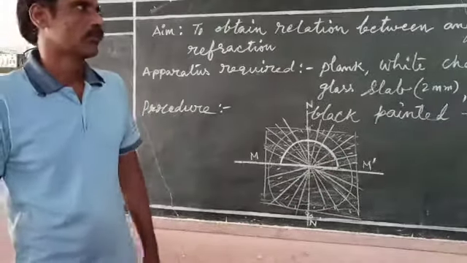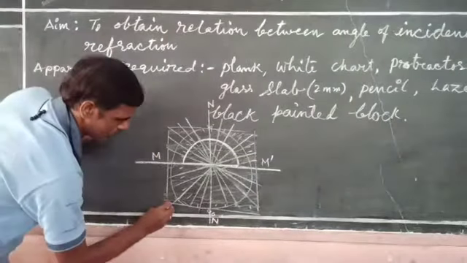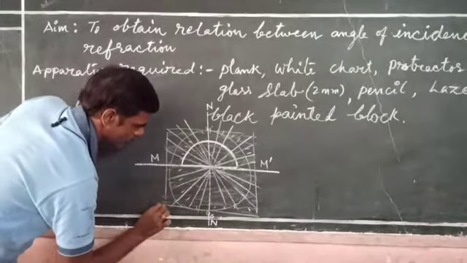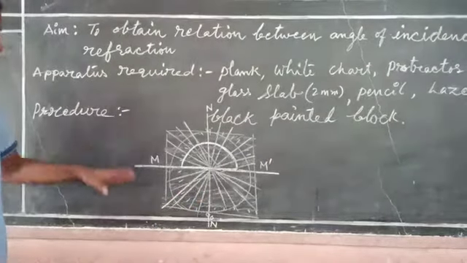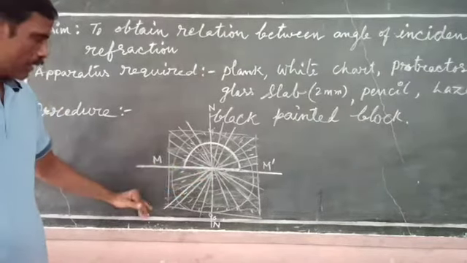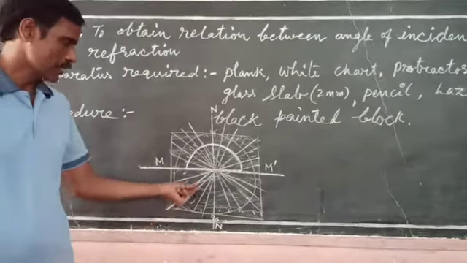Now take a laser light and try to pass the laser light through the glass slab from the other side of the glass slab, that is from the rear side.